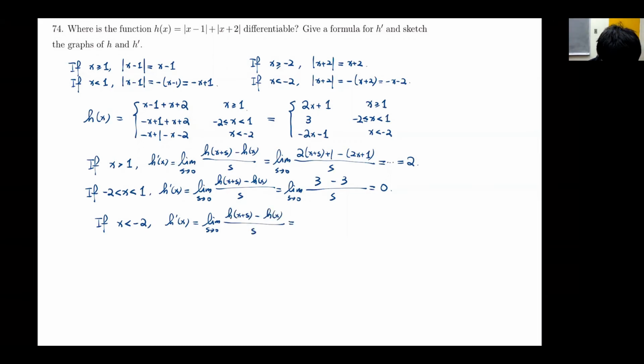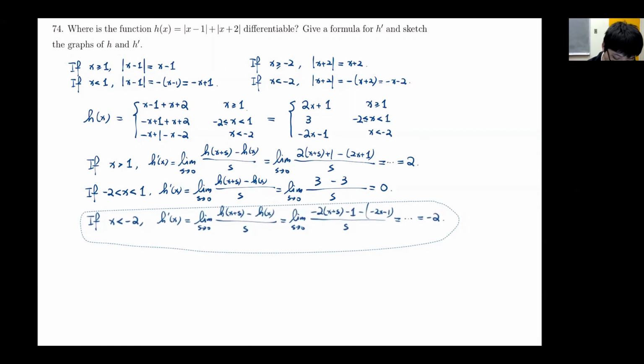All right, so this is actually going to give me minus 2 times x plus s minus 1 minus minus 2x minus 1, divided by s, and the answer, I'll leave it to you to figure out, will be minus 2. Okay, so this is basically what we can see from the generic points. Okay, now let's look at the critical numbers. Let's start with x equals 1. So in this case, let's first check the continuity.